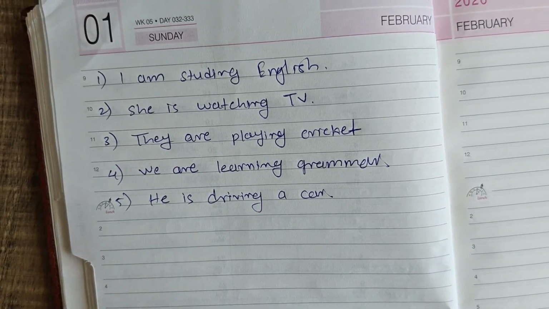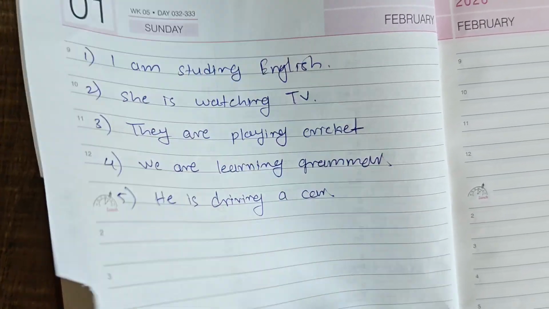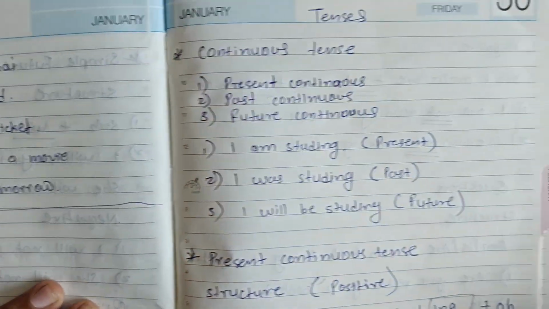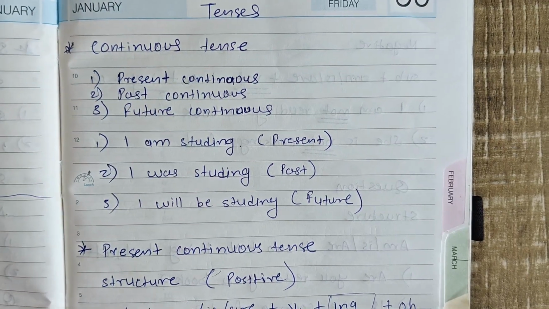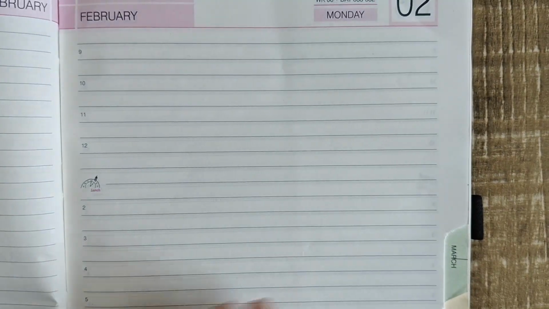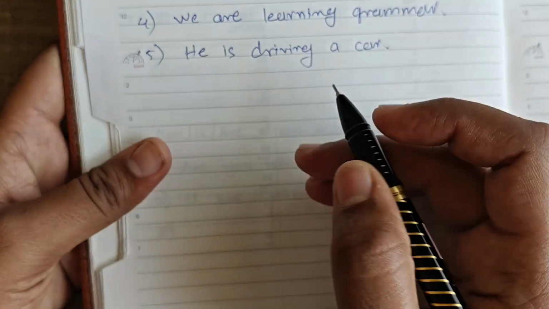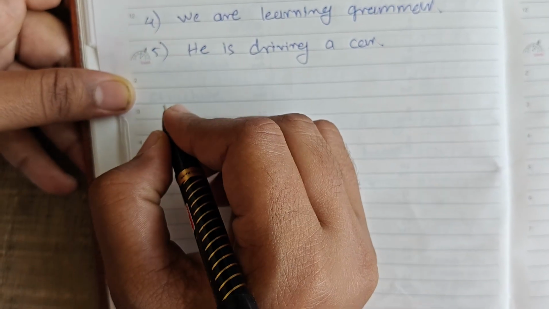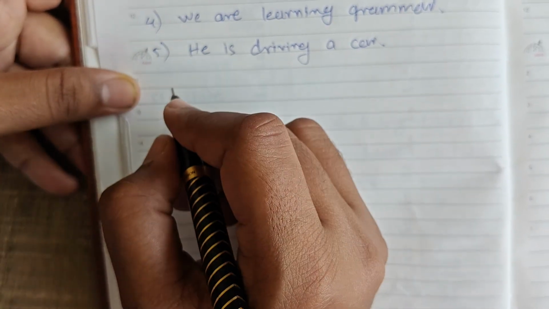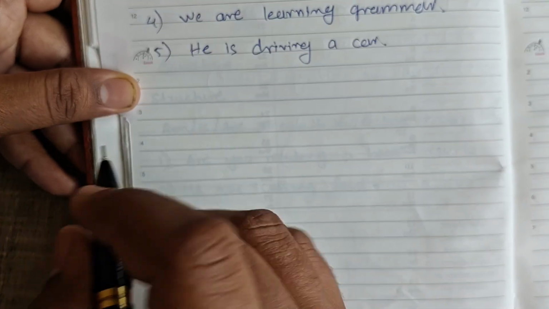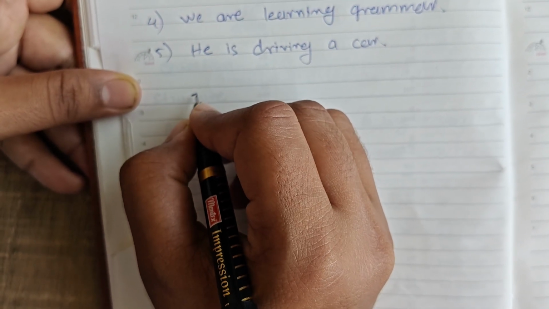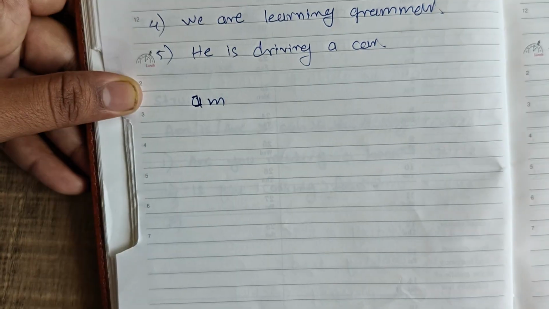Okay, so we have just completed our present continuous tense. For better understanding, I will tell you when we will use the am, is, are helping verbs.